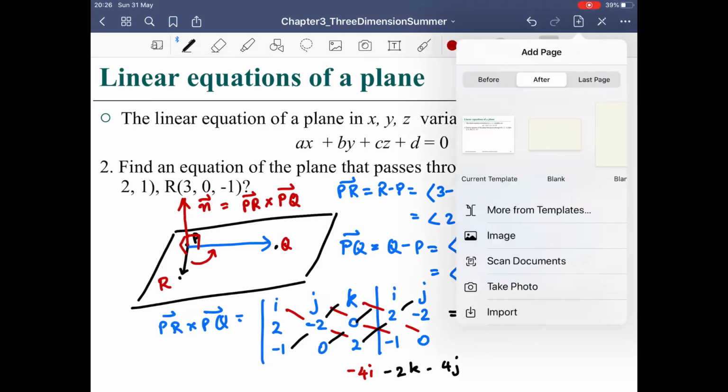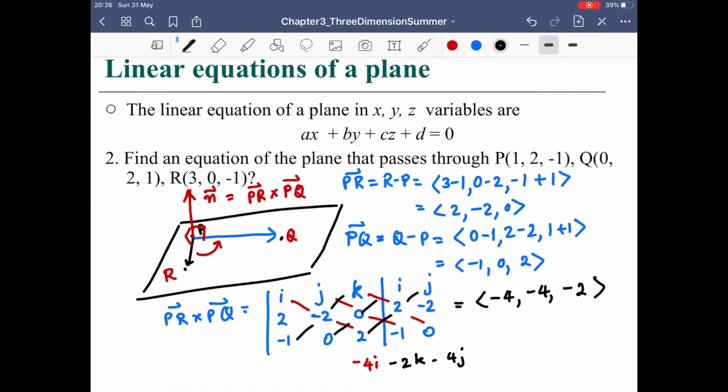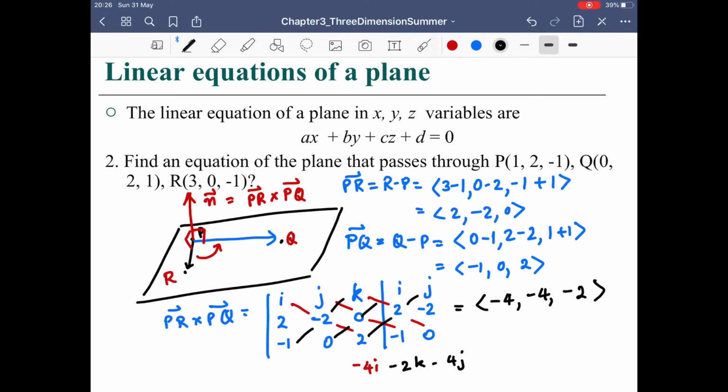As I told you, it really doesn't matter about the factor here, because what we really need is a direction, either pointing upward or downward from the plane.